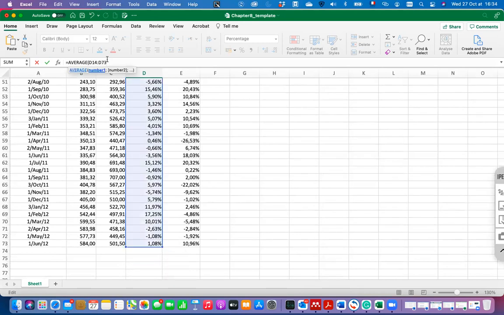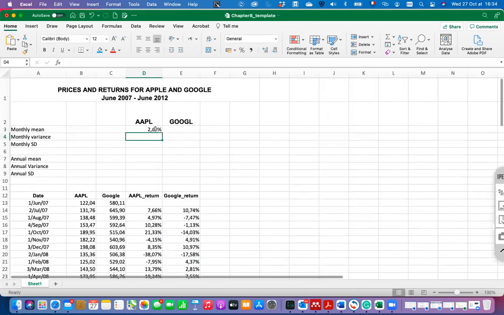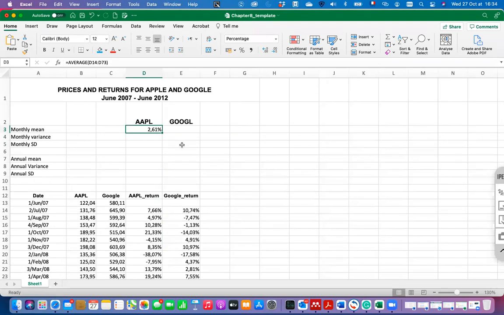Not the geometric, the arithmetic one. 2.61%. And then I can just scroll to the right hand side here. And I'll get the average from E14 to E73, which is the monthly mean return for Google. This is the formula text here.